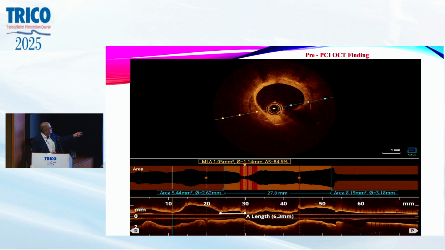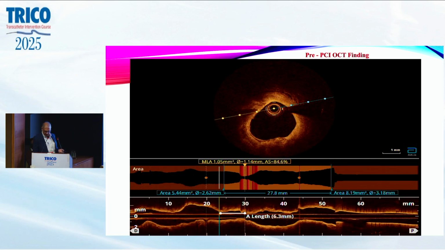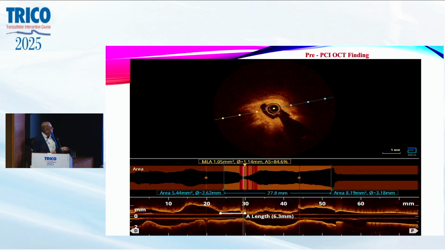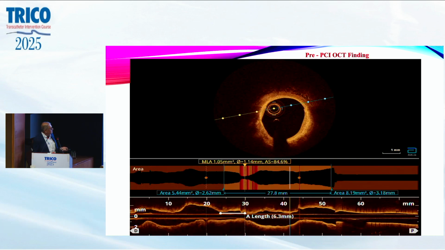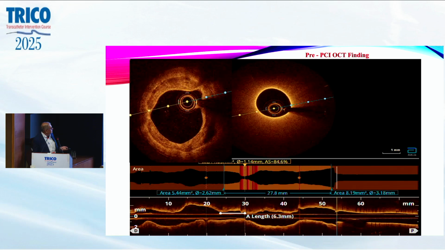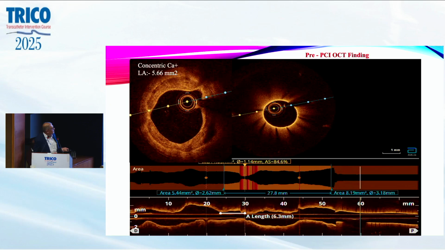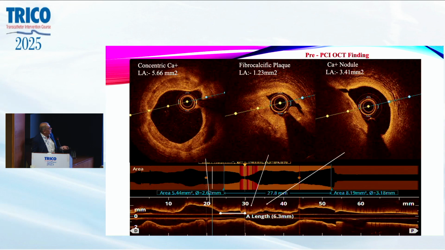The distal part you see is a stent that had been deployed about 20 years ago. Again, you have concentric calcium, but good lumen distally. And this is where you have a very tight calcific nodule with about 1.2 lumen area and 3 here.